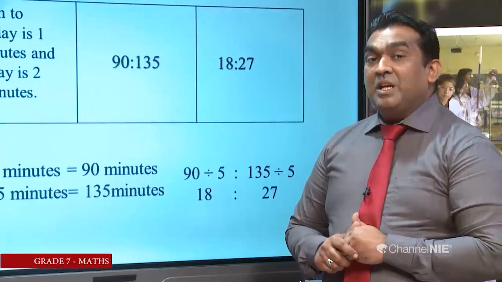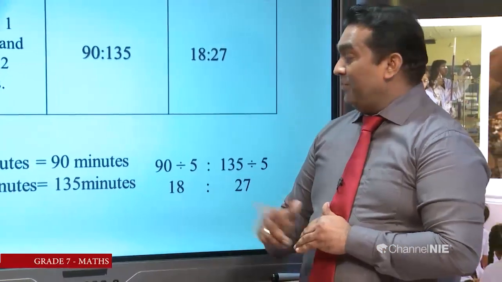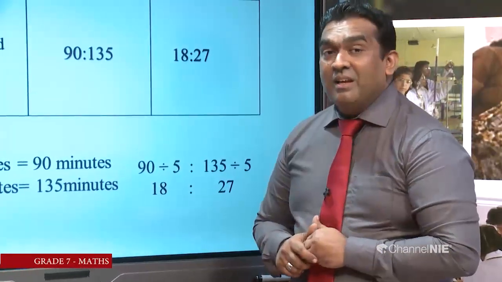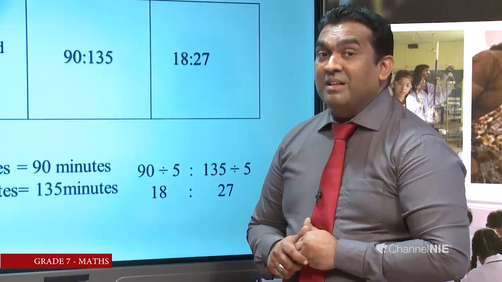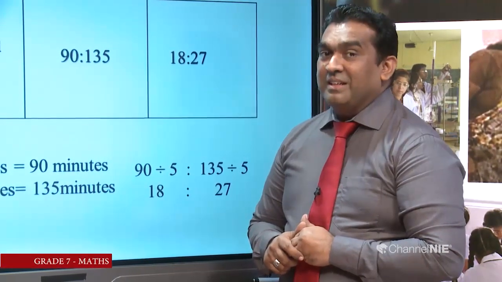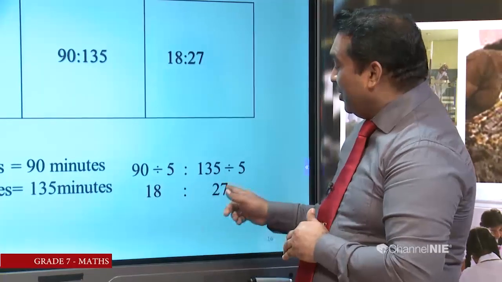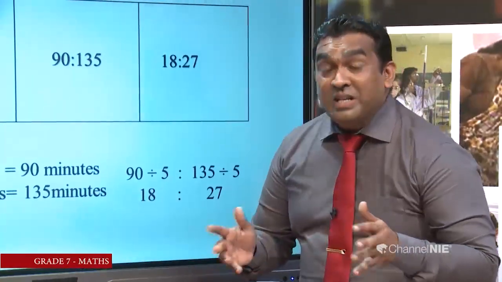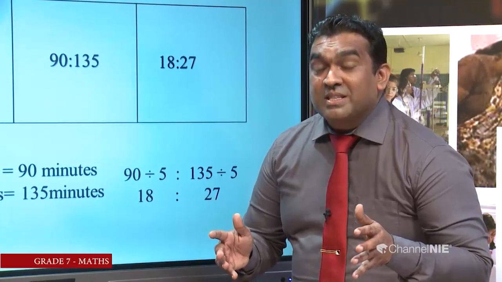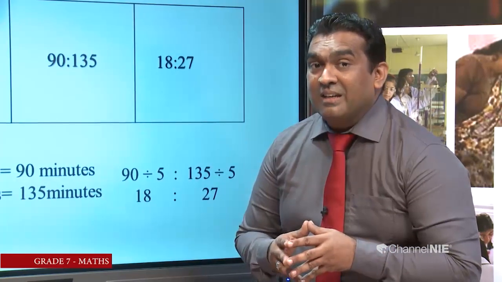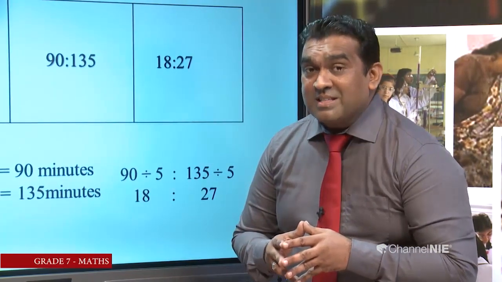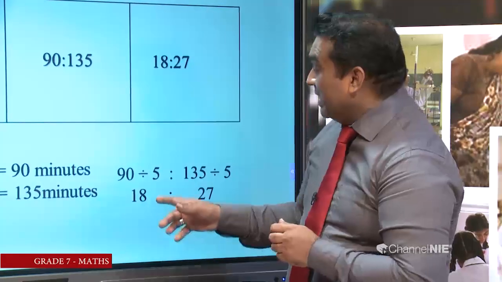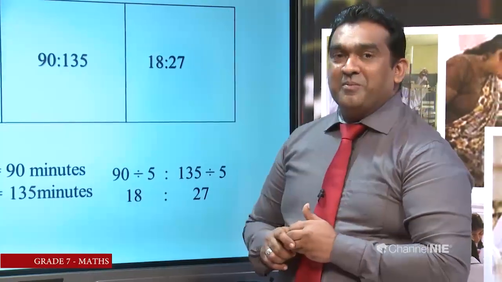But for 18 to 27, 5 is not the highest common factor, right? Then 18 and 27. If you consider the multiples of 3, yes, multiples of 3, you can see 18 and 27.